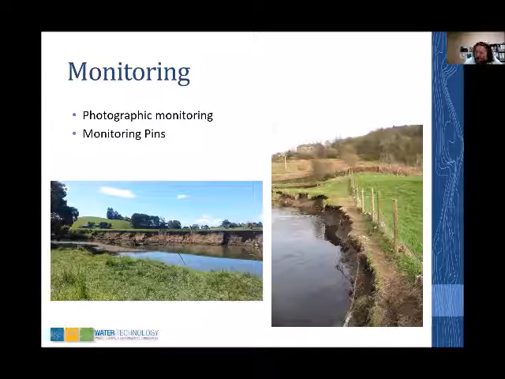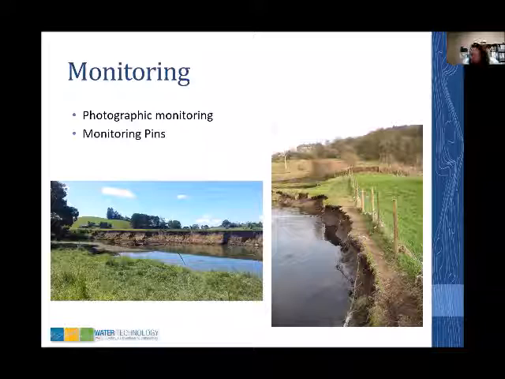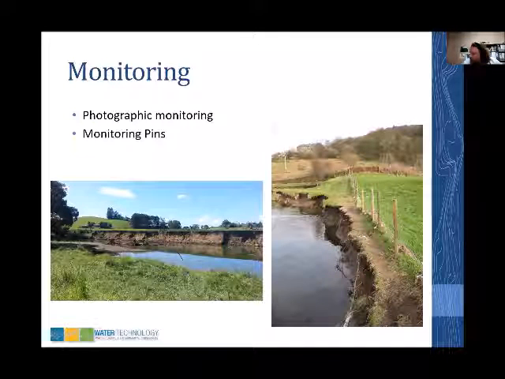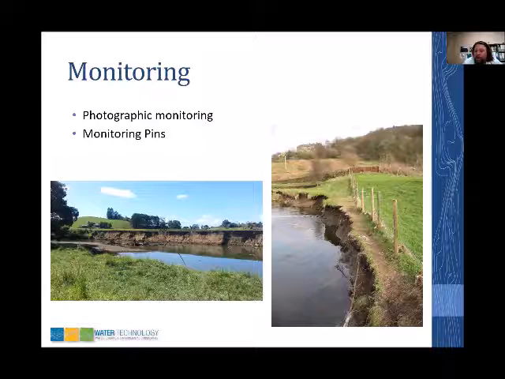You see them every day and you really don't notice the change over 12 months. But your nephews and nieces come over after not seeing them for 12 months and you really notice that change in them. So photographs are a really valuable tool for monitoring, and we recommend that you do it pretty much annually at the same time of year as possible, or immediately following a high flow event.